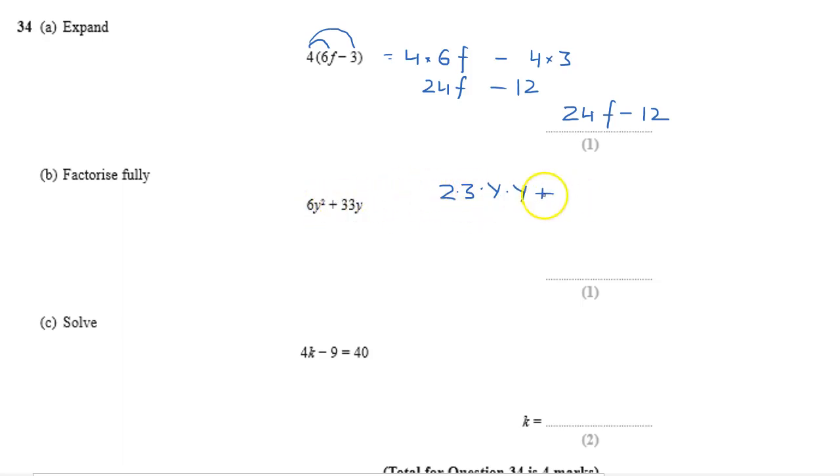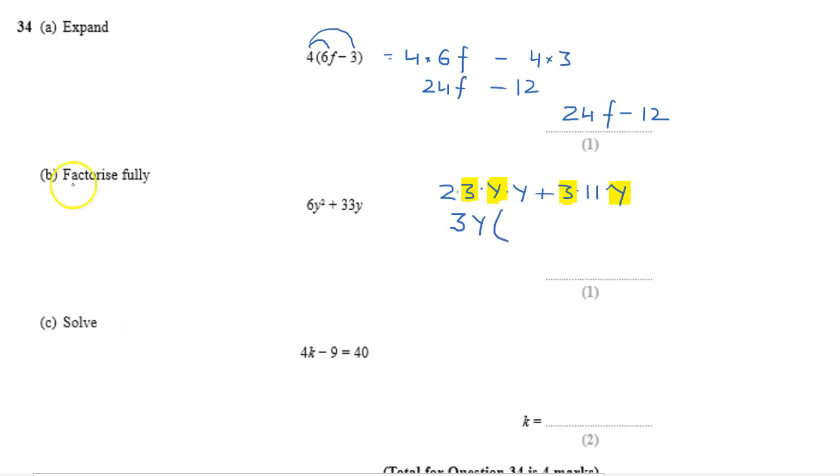We all know that 3 times 11 is 33, multiply y. Now we have to check which is common here. 2 is here but 2 is not here. 3 is here and 3 is here. y is here and y is here. So what is common? 3 and y.